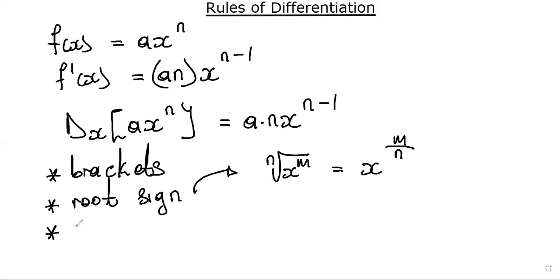You also can't differentiate if you have algebraic fractions. So you need to destroy the fraction. You need to separate your fraction. Or sometimes you might need to factorize, but you have to destroy the fraction. That's the most important thing.